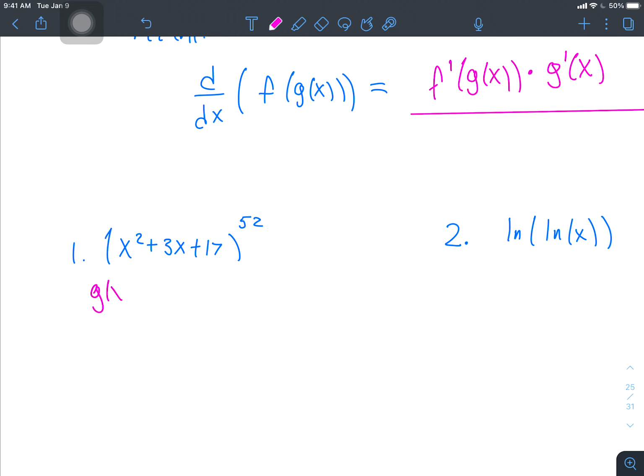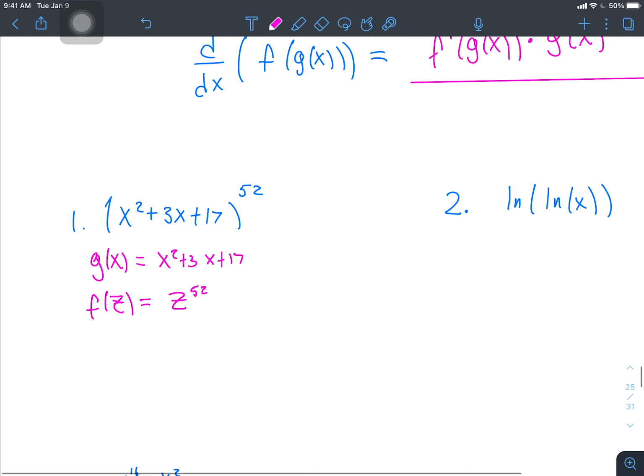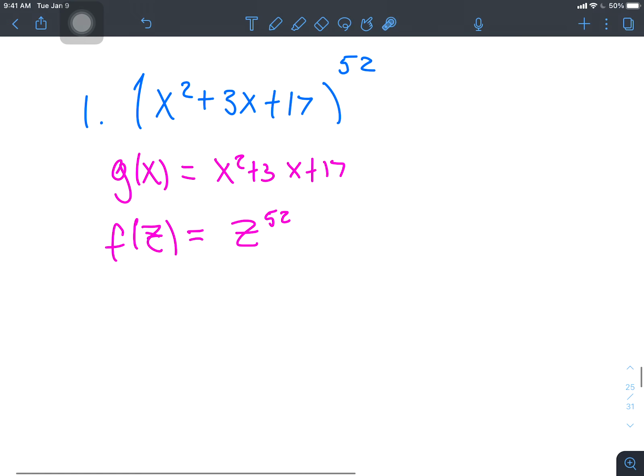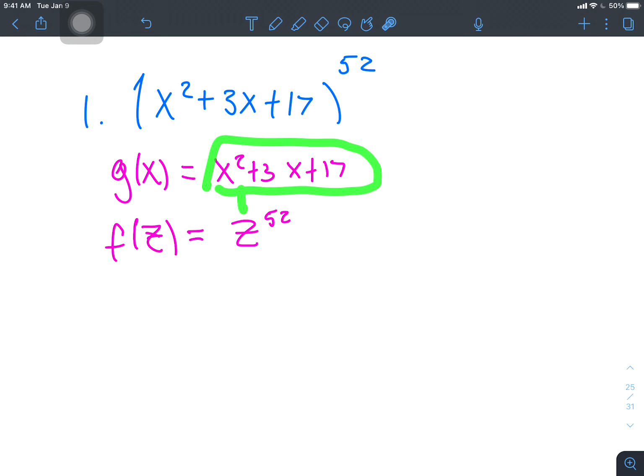So my g of x is going to be x squared plus 3x plus 17, and then my f of z is going to be z to the 52nd power, right? We use a different letter for f. So if I take this whole function g and plug it in for z in this function, then I get my composition. So this is a breakdown of the composition.